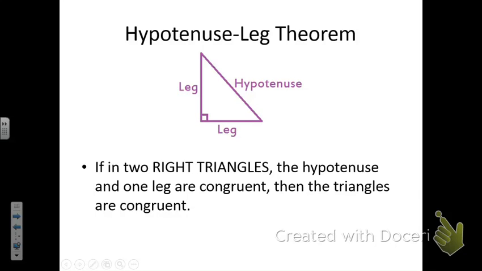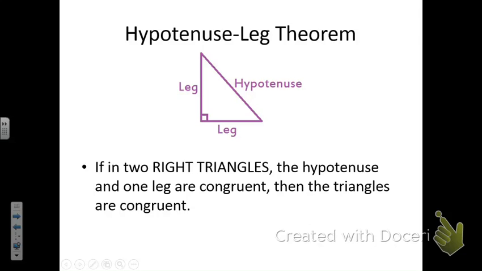So if I do not know that my triangles are right triangles, can I prove them congruent using hypotenuse leg? No. Okay? They have to be right triangles. Now, here's the tricky part, is knowing what's the hypotenuse and what is the leg. If I'm looking at a right triangle, what is the hypotenuse? Well, it is kind of the slanted one.